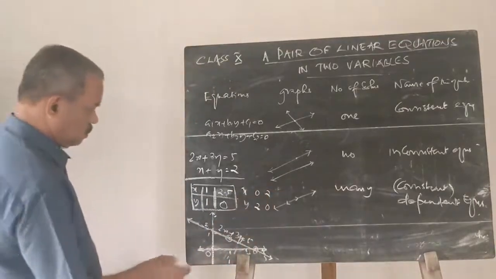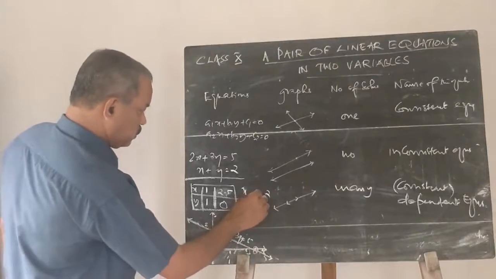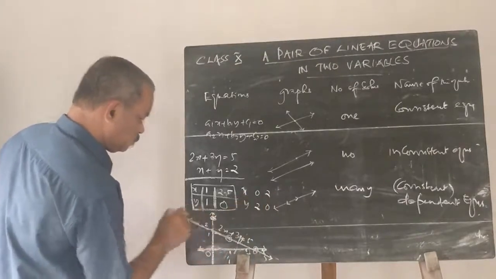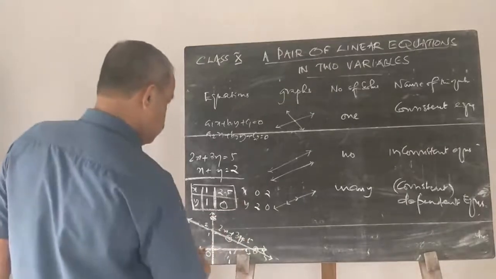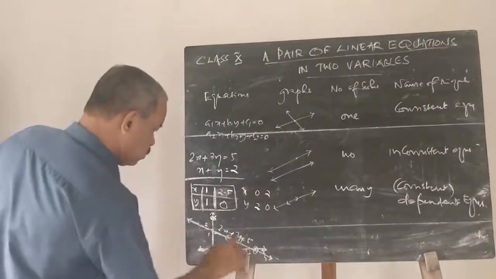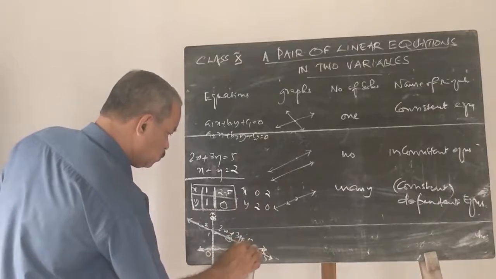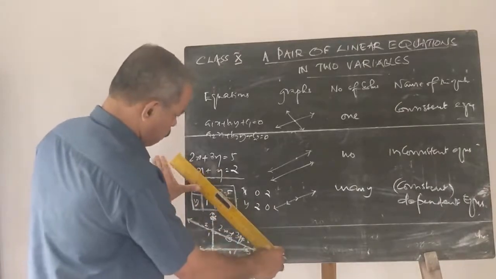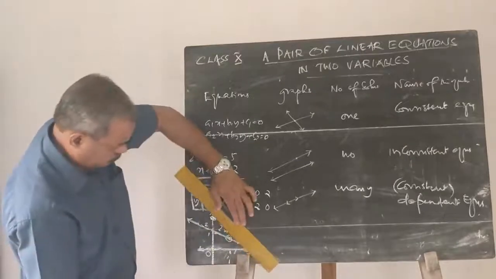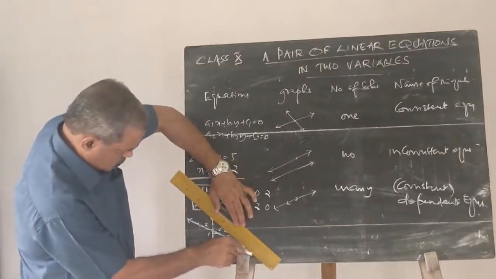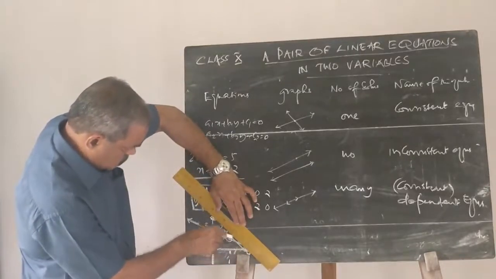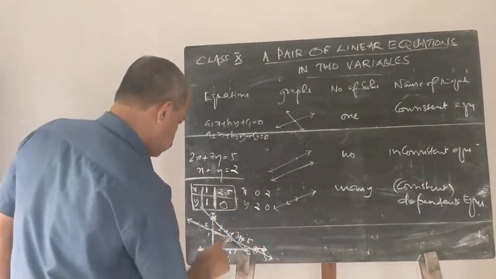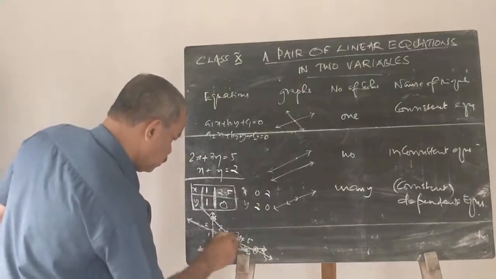Then x 0, y equal to 2. X 2, y 0. The intersection is 1, 1.